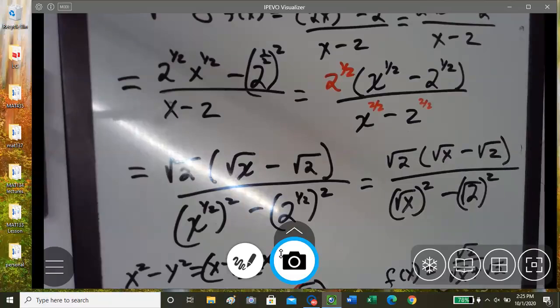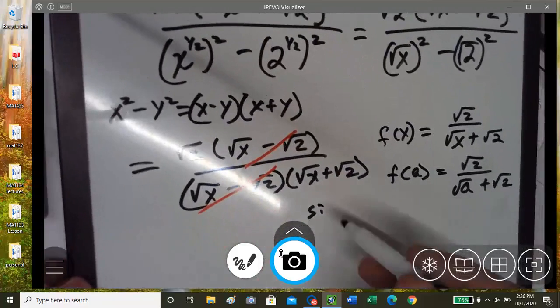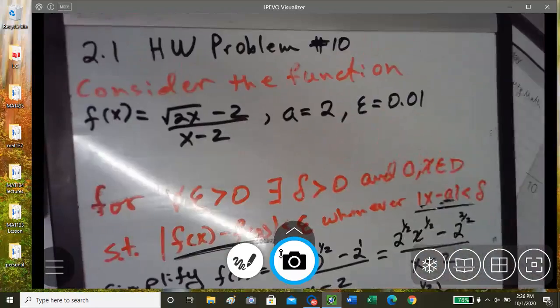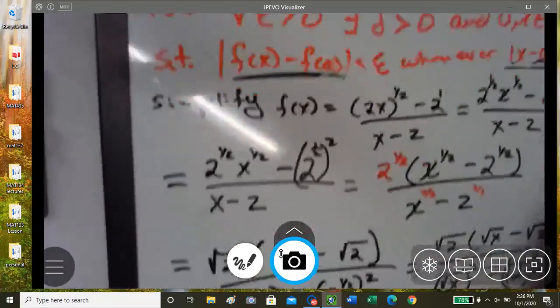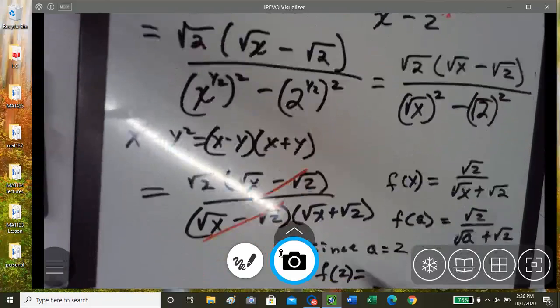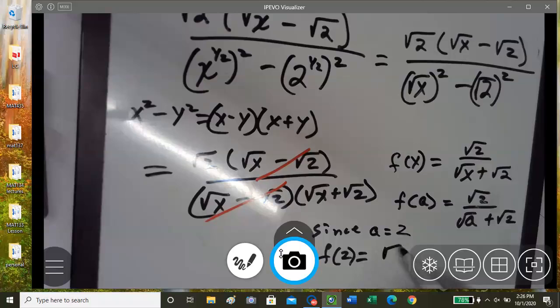So we're going to go ahead and find what f of a is. Since a equals, we said, 2, we can put in here f of 2 equals the square root of 2 over the square root of 2 plus the square root of 2, equals the square root of 2 over 2 square root of 2.